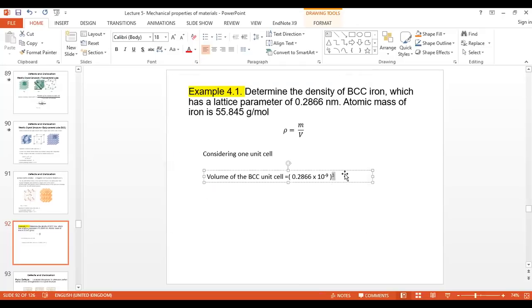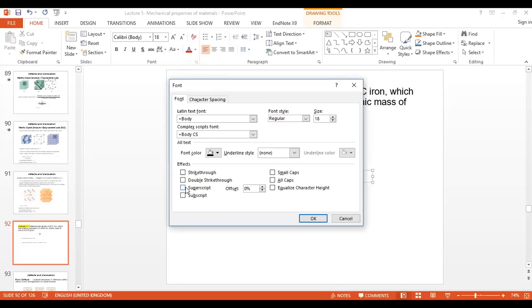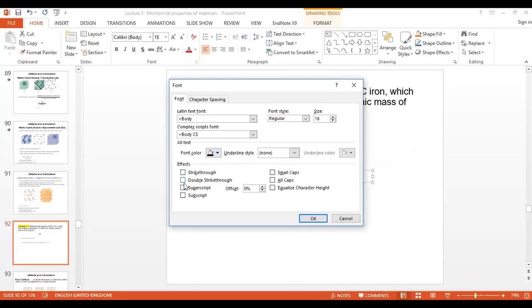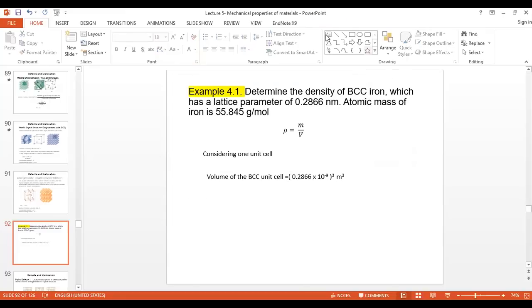So this will come in units of meter cubed now, right? Okay, now the mass of the BCC unit cell for iron.